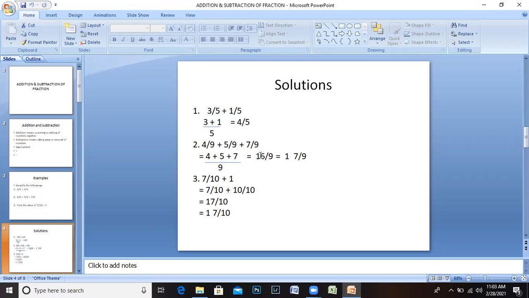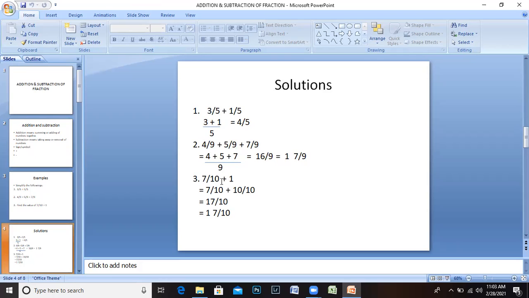So we now have 16 over 9. But because 16 over 9 is an improper fraction, you can't leave your answer like that. You must turn it to a mixed fraction. How many times does 9 go into 16? Once, remainder 7 over 9. So that's our final answer for example 2.